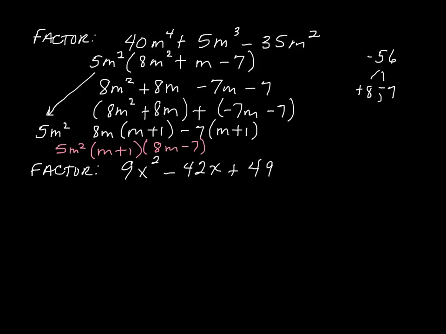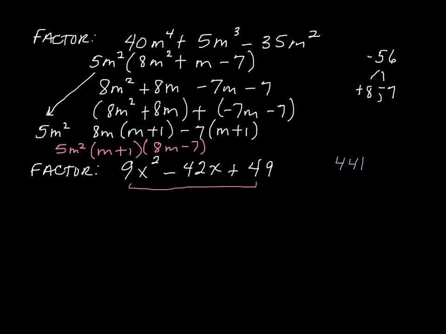Okay, 9, 42, and 49 don't have anything in common. So your next thing would be to go ahead and multiply the 9 times 49. And 9 times 49 is 441.